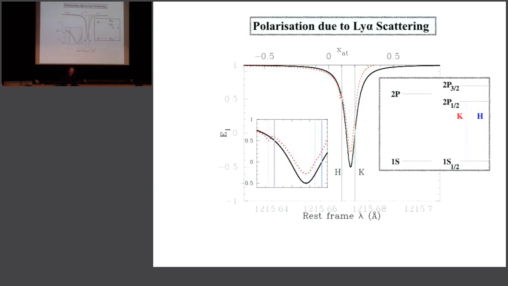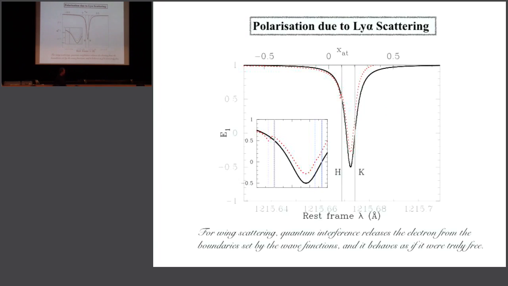Now apparently once you scatter away from resonance, suddenly the electron starts acting like a free electron again. E1 goes to 1, that's pure dipole scattering. That's exactly the case that I was describing. The radiation is coming in. If the electric vector is pointing this way, the electron will oscillate in perfect alignment with the incoming electric field.